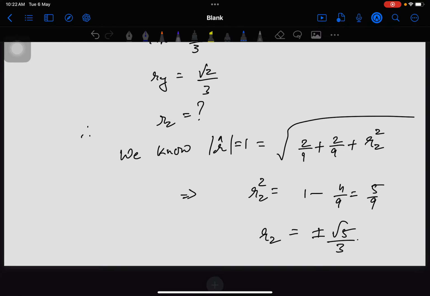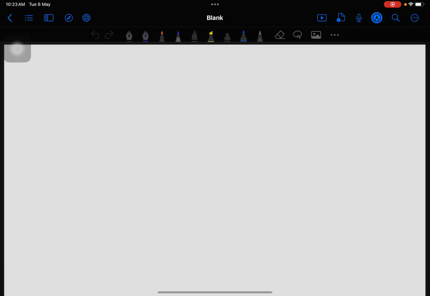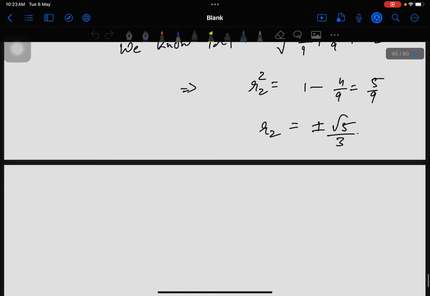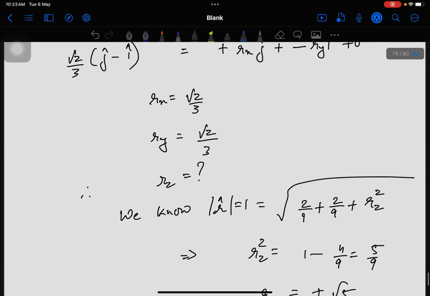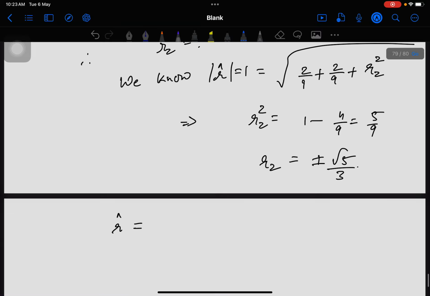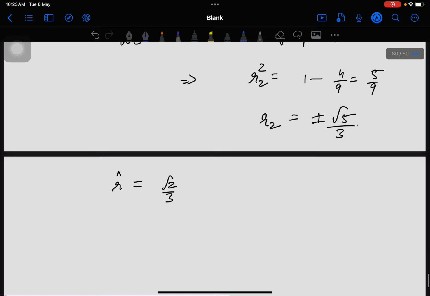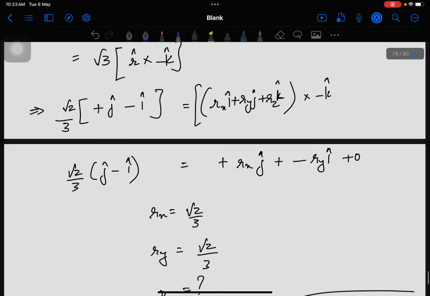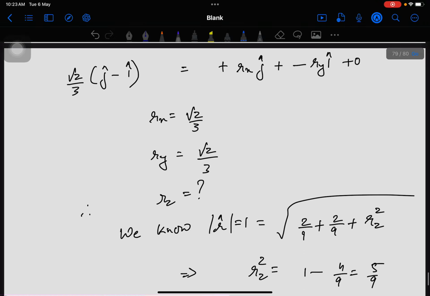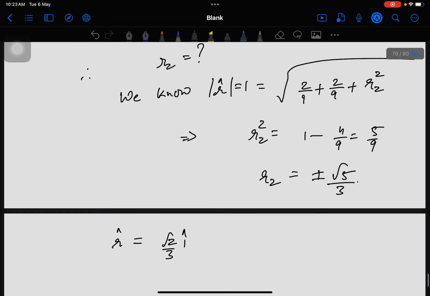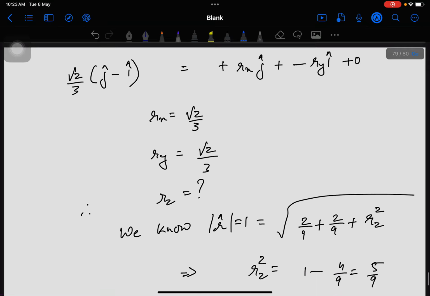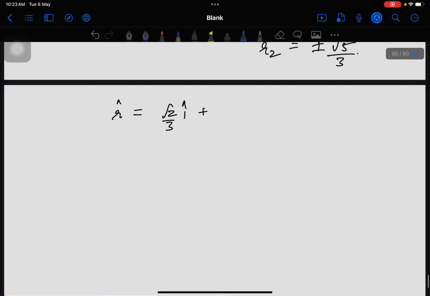And now you just need to decide whether it's plus or minus for your r cap. So rx is root 2 by 3 in i cap, and ry is also root 2 by 3 in j.